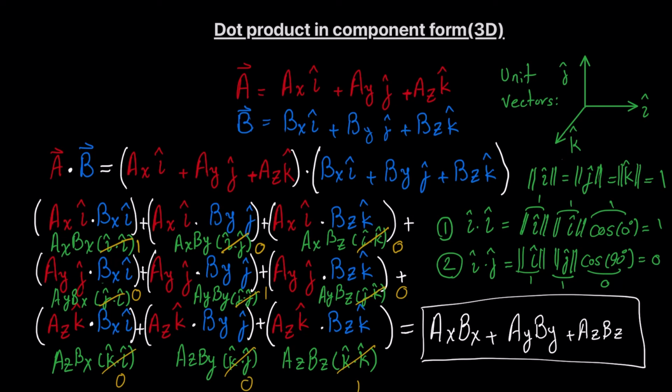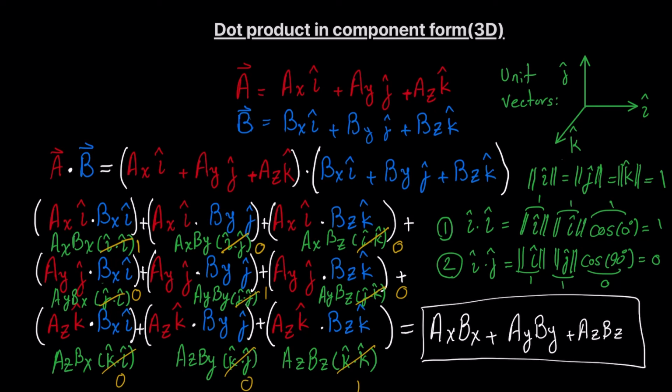Then I went ahead and simplified the ones that had i hat dotted with i hat, j hat dotted with j hat, k hat dotted with k hat. So that whole main diagonal there ended up getting a 1. And when the 2 unit vectors are perpendicular to each other, like i hat dotted with j hat, you get cosine of 90 degrees, which is 0. So all those terms go to 0.